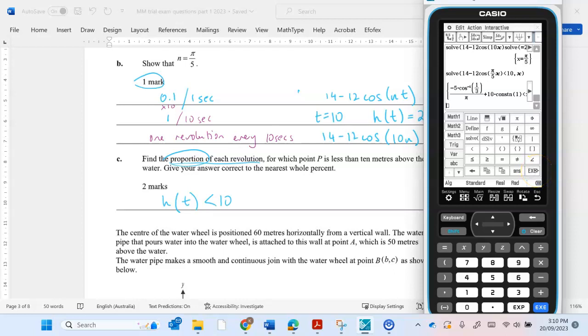Oh, and we're going to solve for x, so comma x. Again giving us this general solution, so I'm just going to restrict my domain. Find the proportion for each revolution, so x has to be between 0 and 10.